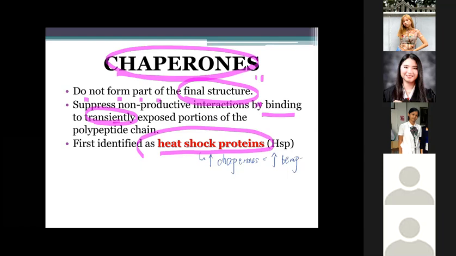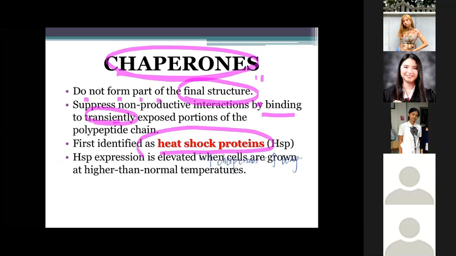Question, ang heat ba ay isang trigger for protein destruction? Yes. Okay? Kaya hanggat may iwasan ang destruction ng protein, chaperones are acting. Kaya tumataas sila at high temperature environment. That's why they were first identified as heat shock proteins. And then, heat shock protein expression is elevated when cells are grown in higher than normal temperature.